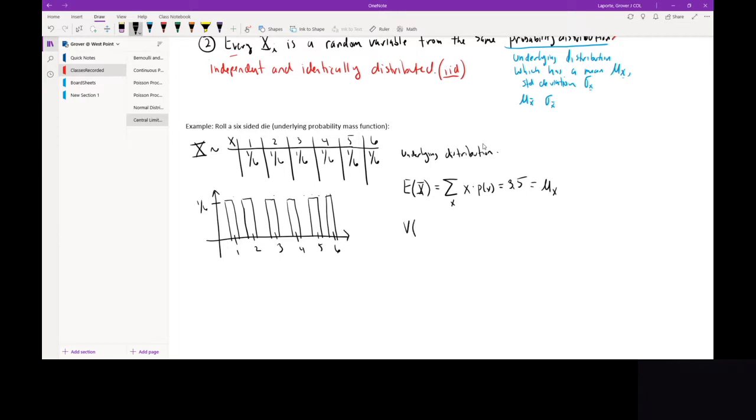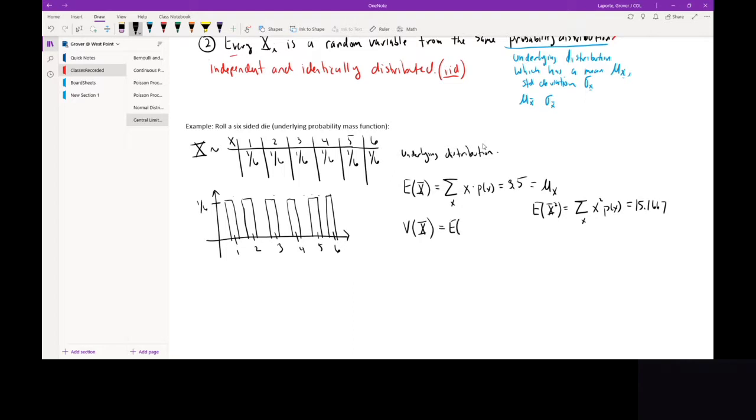And then the variance of X, if we're going to use the shortcut formula, we need the expected value of X squared first, which is the sum of x squared times p of x. That'll take a little bit of multiplication, but if you did it out, you'd get 15.1667.